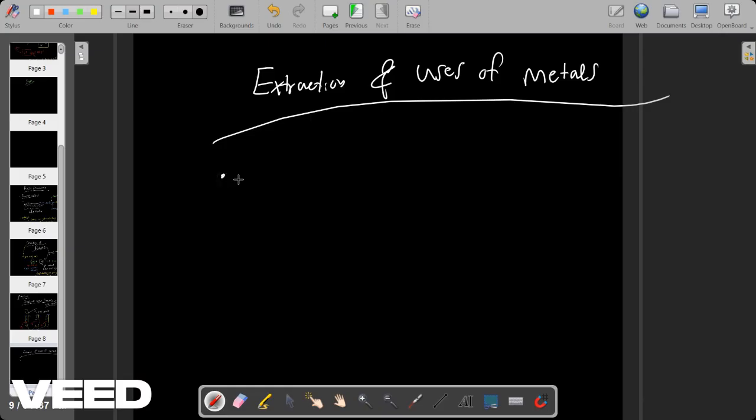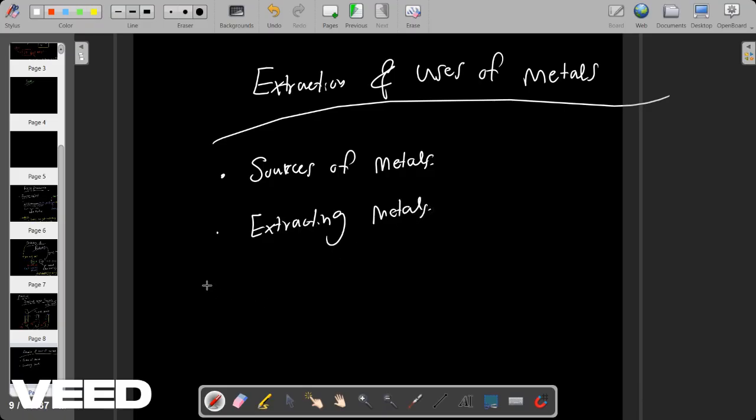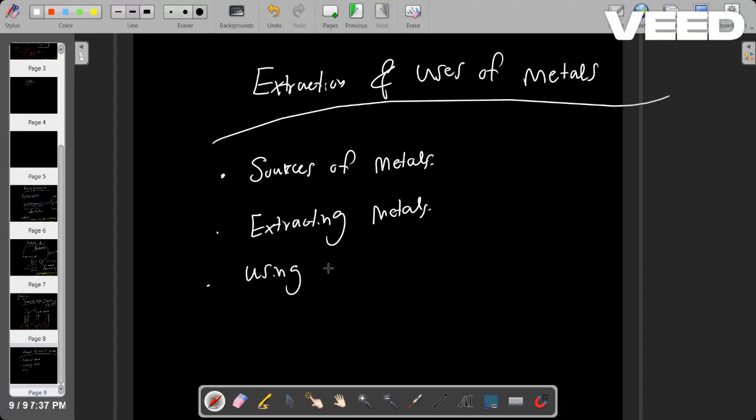Under that we have sources of metals, extracting metals, using metals, and alloys.